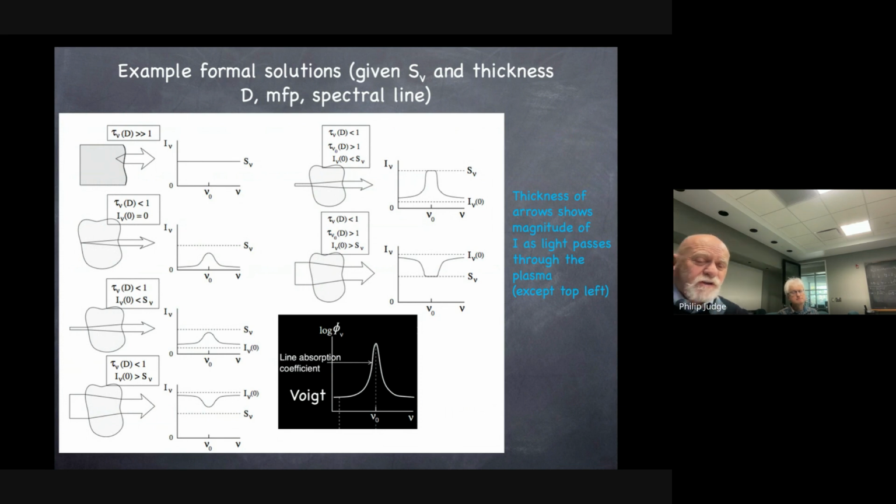So what's going on is that if we now were to imagine doing an experiment where we filled a little blob with gas and we heated it up, we would first see the top panel, and then we would see the second panel. And what it's showing you is that the intensity never builds up to the point where it's equal to the source function itself inside there.